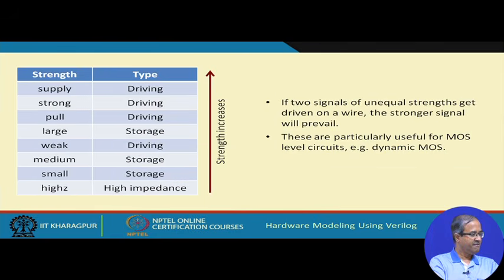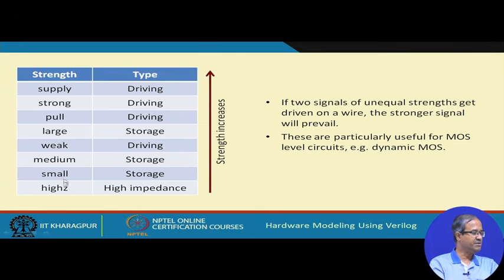So, in Verilog there are 8 signal strengths which are defined. Well, we shall be talking about this later, because signal strength comes into the picture particularly when you talk about MOS transistors. In circuits using MOS transistors, there are various points where the signal strengths are different.